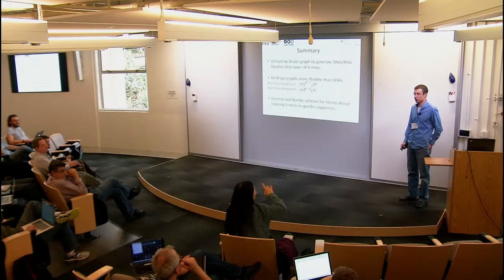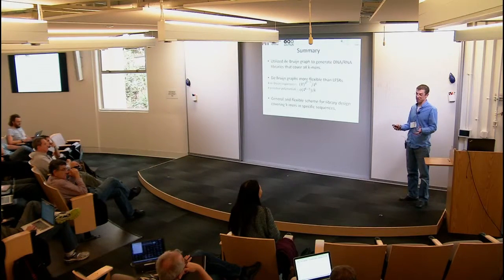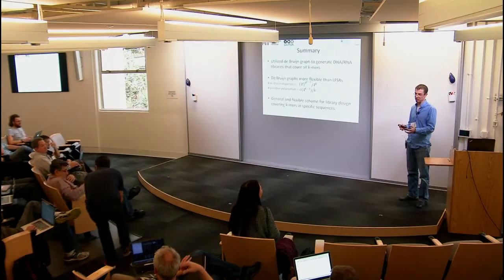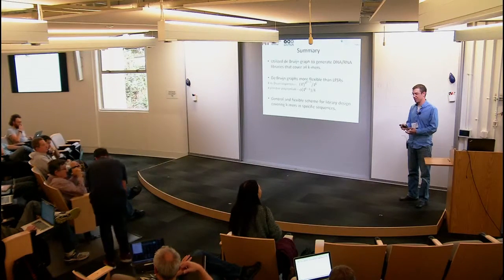So would your algorithm be applicable to capture probe design, say, for all the repeat sequences in the genome and so on? Well, I think it depends if they need to cover all k-mers or a subset of the k-mers, but if they are looking to include genomic sequences, then it's not as applicable.